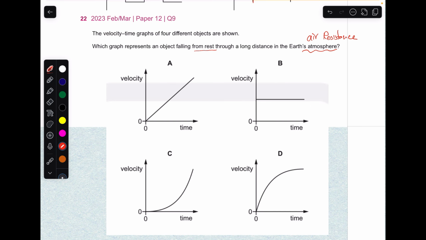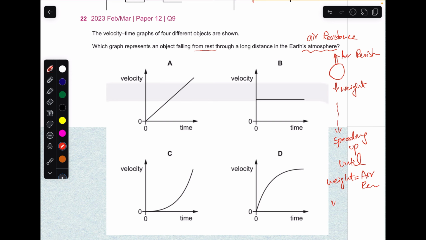So when something is moving in the earth atmosphere, a downward force acts, weight, and an upward force acts, the air resistance. So with the journey, the object will keep on speeding up until weight will be equal to air resistance, right? It's a terminal velocity concept basically.